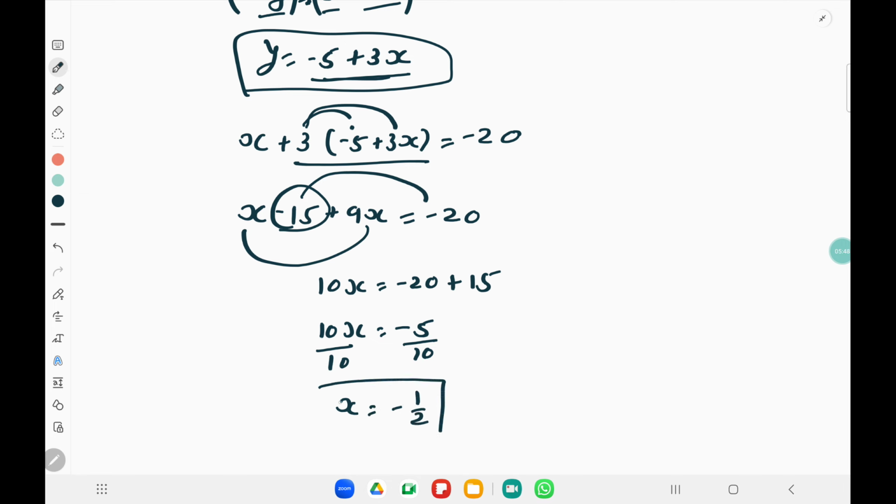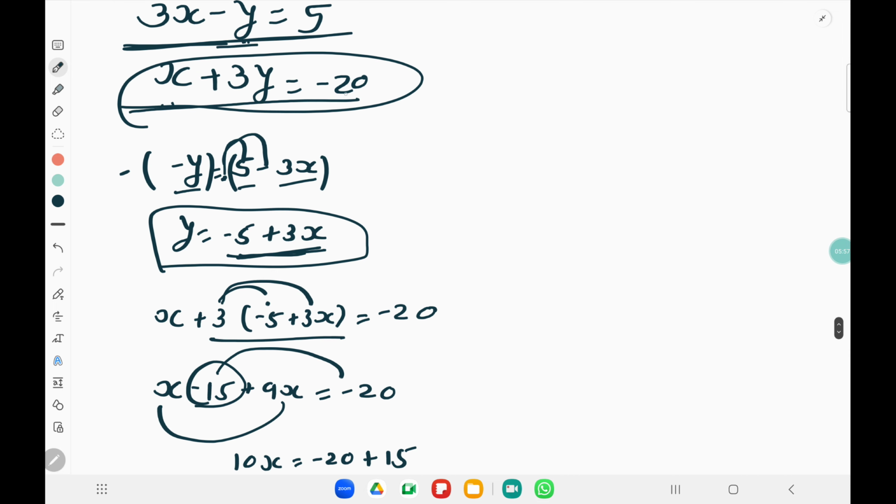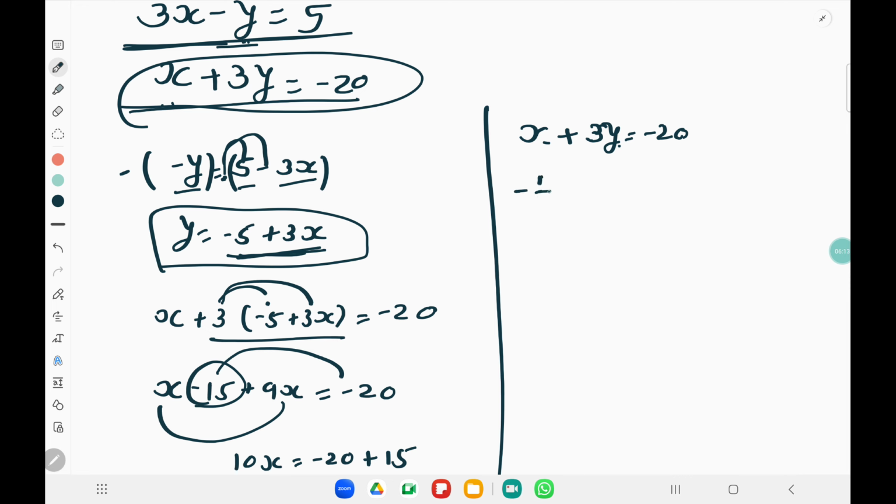Okay. So now we know the x value, that we insert in either equation. Okay. This time I am taking this equation. So x plus 3y equals minus 20. I replace x by the value of x, which is negative half, plus 3y equals negative 20.